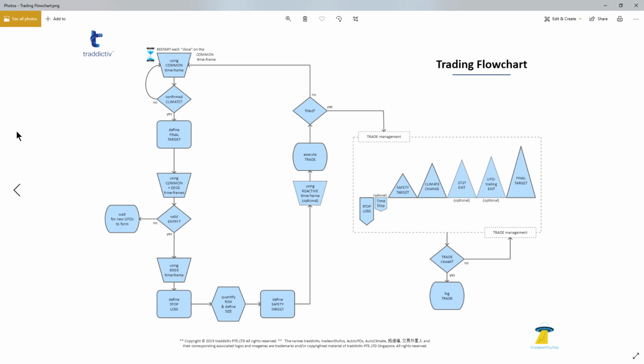Some time ago, we went over a specific flowchart to be utilized with AutoUFOs and AutoClimate as a process on how to trade. Of course, as you all know, if you have been reading the user guides of both AutoUFOs and AutoClimate, those apps can be used by themselves.